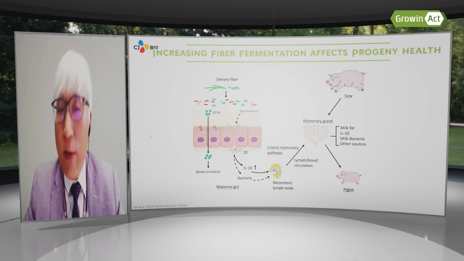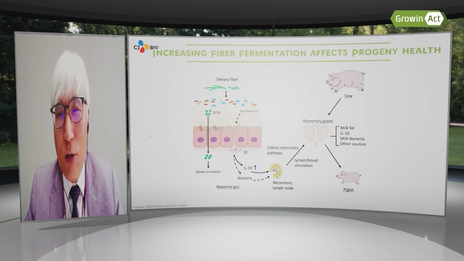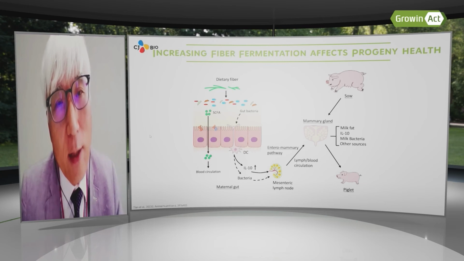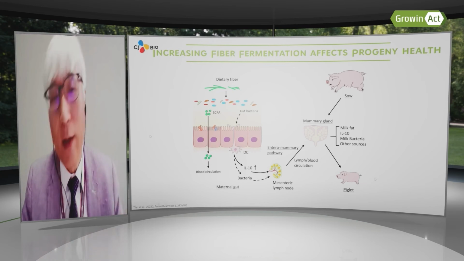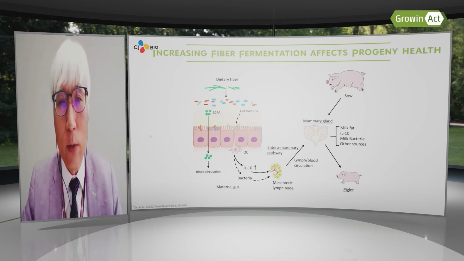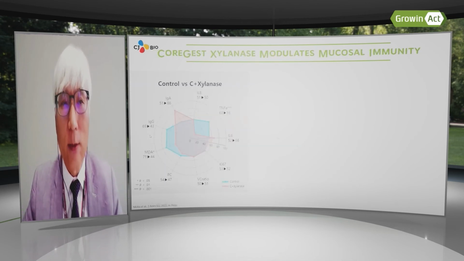So let's think of fiber as not just an anti-nutrient; it's a very, very valuable fraction if you can actually utilize it, modify it and utilize it wisely. It is a golden fraction for monogastric animal production.